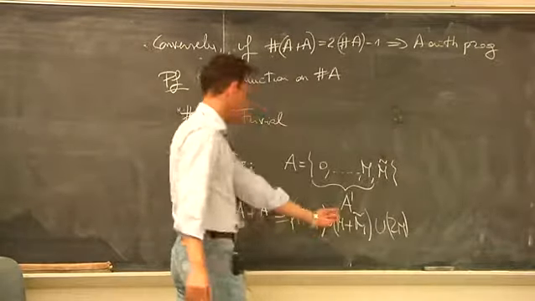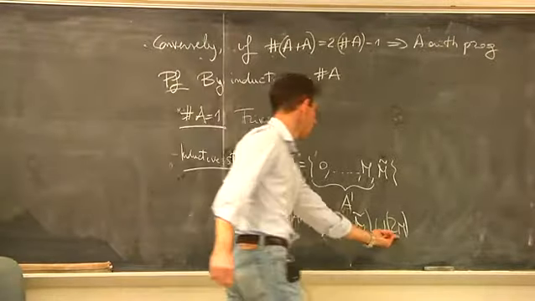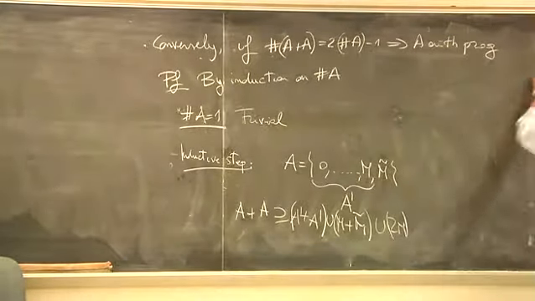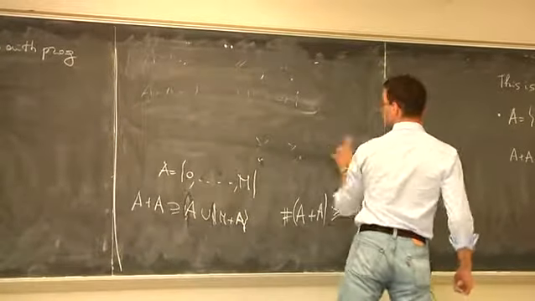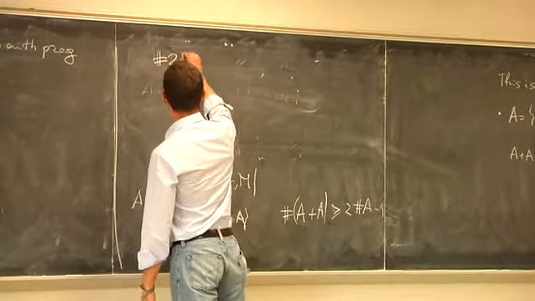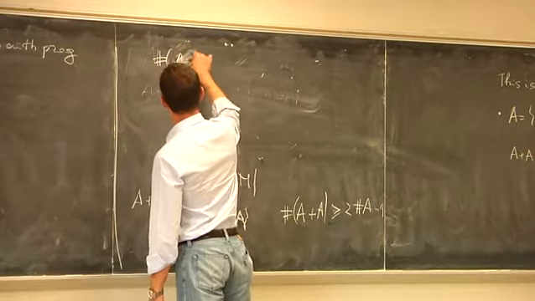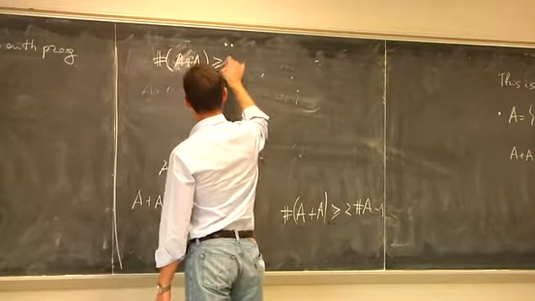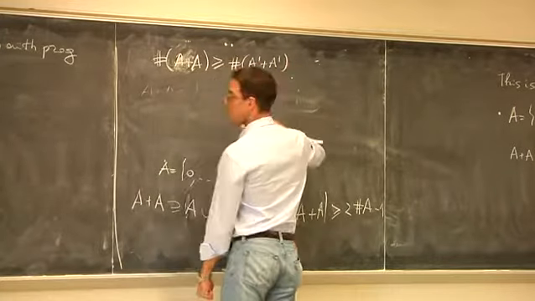So you have at least 2 more elements in this set with respect to this set. There are these 2 extra. So this means that the cardinality of A plus A is greater or equal than the cardinality of A prime plus A prime plus 2.